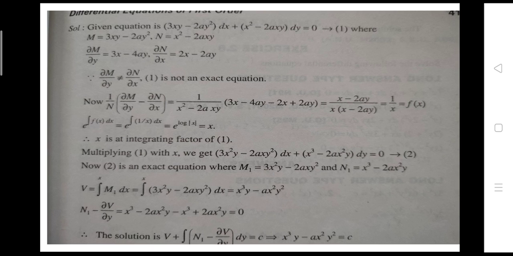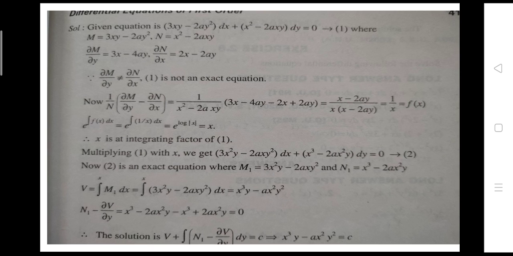Now we have found the integrating factor, and multiplying it with the given equation, we get (3x²y minus 2axy²) dx plus (x³ minus 2ax²y) dy is equal to 0. This is called equation 2.